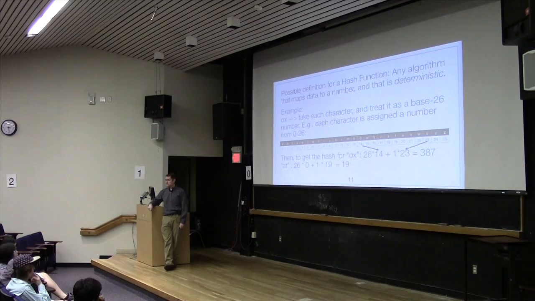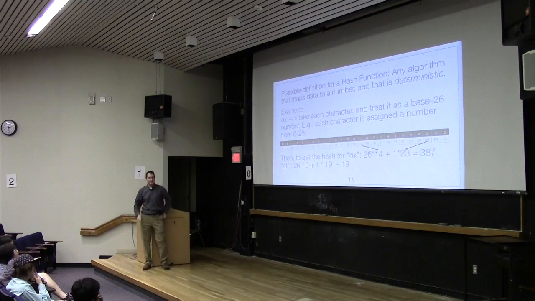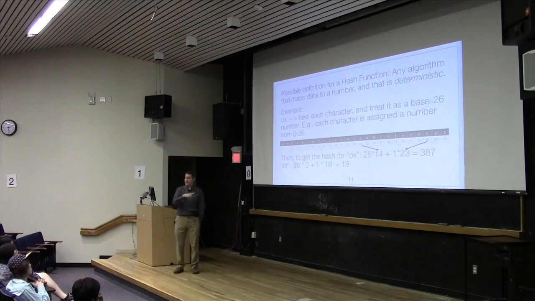Yeah, Margaret. How about the deterministic part? There's many ways to add up to get 387, but what keeps us from getting 387 any other way than powers? Very good question. There are a number of ways to get to 387 by adding two things together, right? I will argue that there is only one way to get to 387 if you number it this way and you apply this function, 26 to the 1 times the first number plus 26 to the 0 times the second.